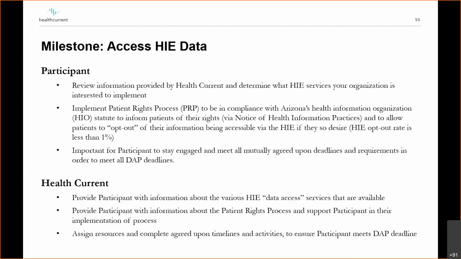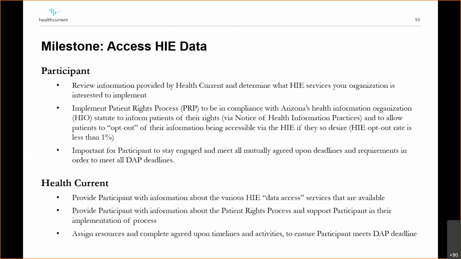Now, for the milestones related to accessing the HIE data, the participant will want to determine what services your organization is interested in and would like to implement to meet that milestone. Again, we mentioned that there are a couple of options there in regards to the alerts and then portal access.